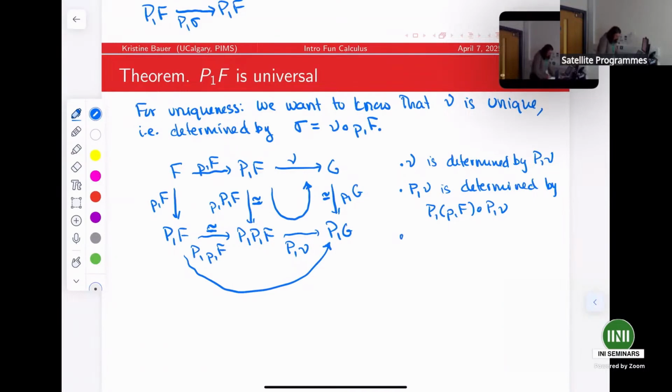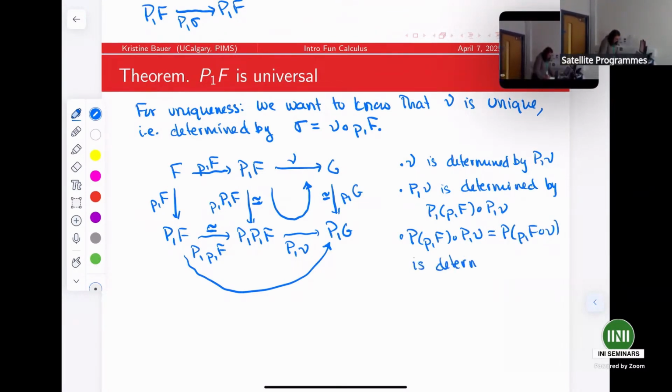And then finally, P1 of P1F composed with P1 new is equal to P1 of P1F composed with new. And of course, that is determined by P1F composed with new, because big P1 is a functor, and that's what I wanted. So that's the uniqueness.